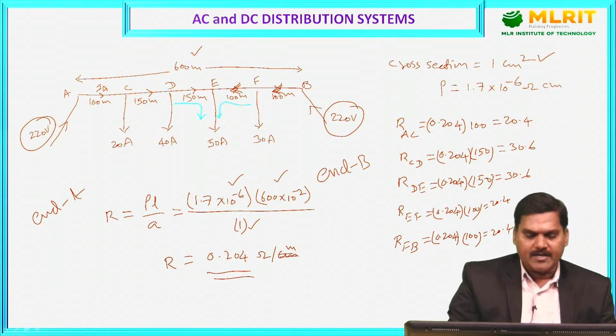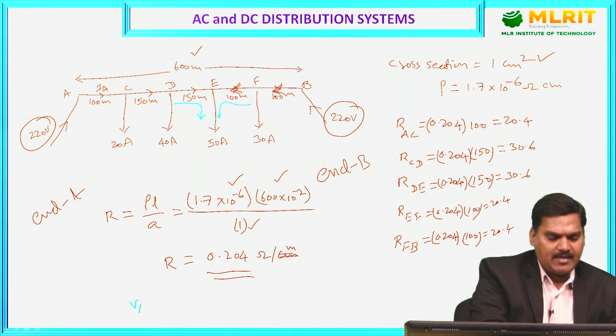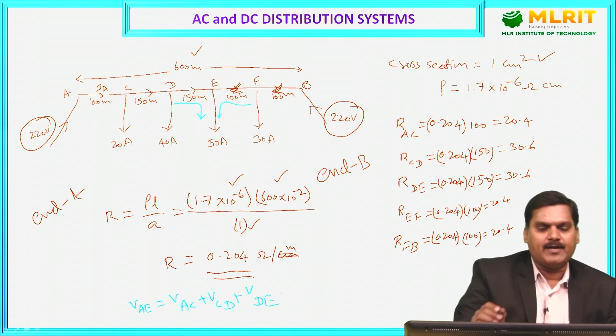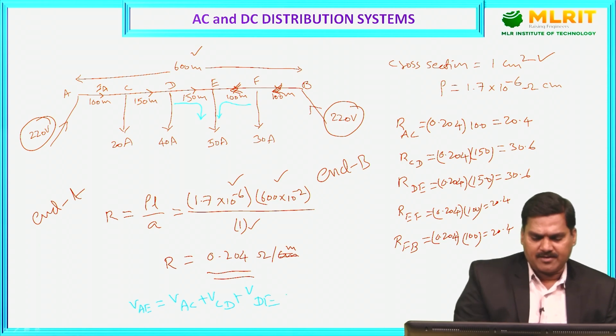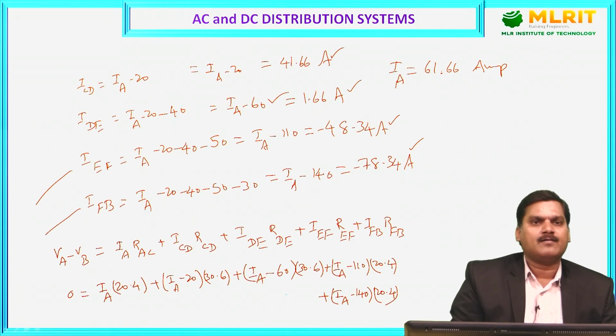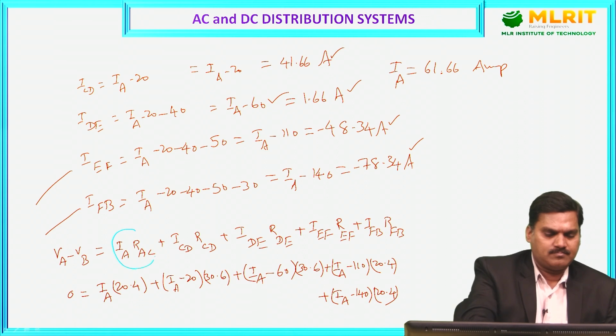To calculate the point E voltage, we can take it as VAE. VAE can be written as VAC plus VCD plus VDE. In similar fashion, we have already taken the VAC voltage, this voltage and this voltage.